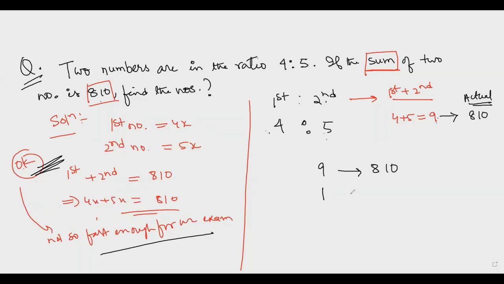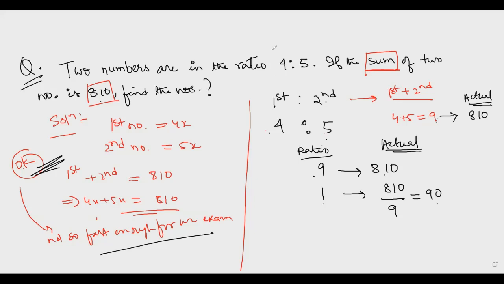So what is the value of 1? The value of 1 is nothing but 810 divided by 9. This is the actual value and this is our ratio value. So 9 in actual value is 810, and 1 is equivalent to 90.